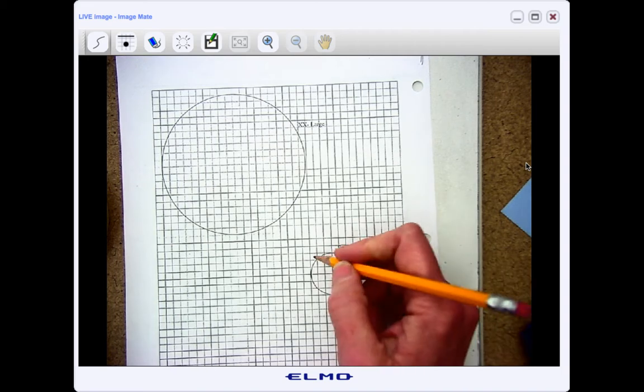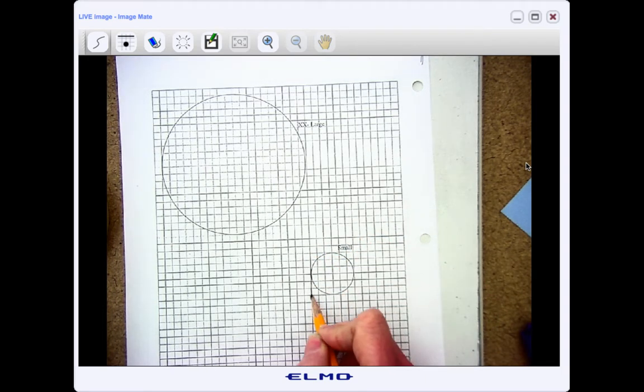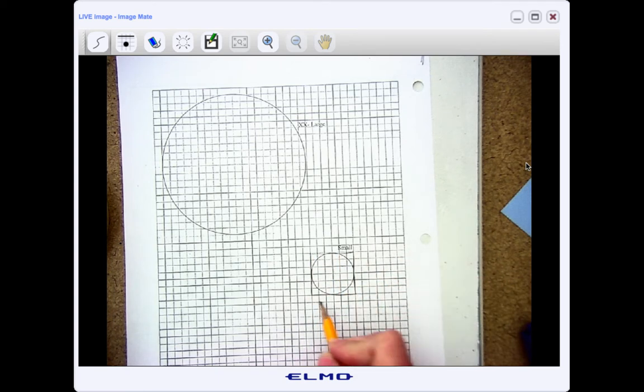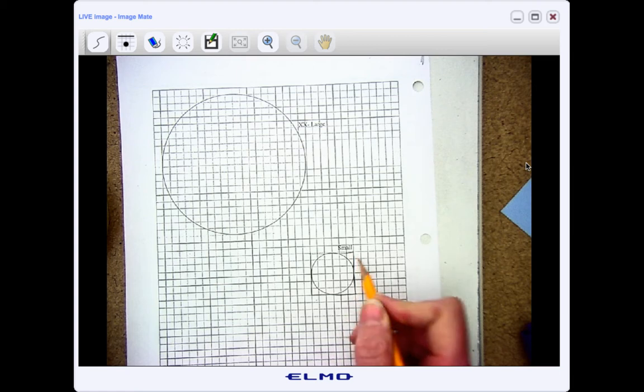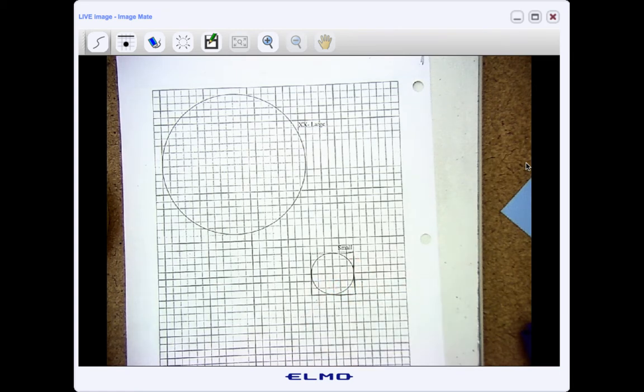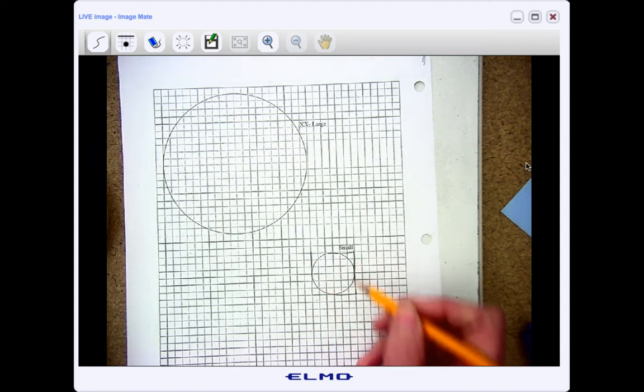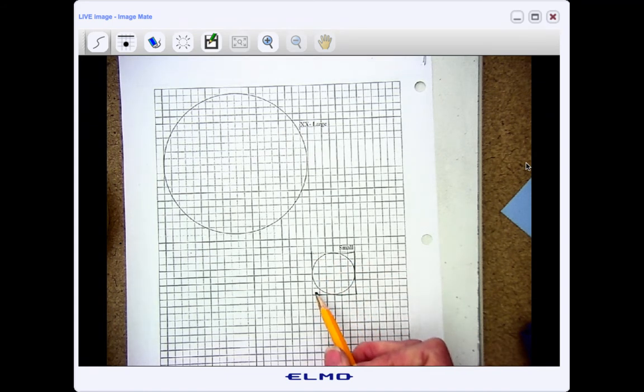You could have said, I know the area of this rectangle that goes around it. This is 1, 2, 3, 4, 5, 6 by 1, 2, 3, 4, 5, 6. It's got to be less than 36. So you could take 36 and cut off some of these parts. If I subtract 1, 2, 3, 4, 5, 6, 7, 8 off of my 36, I get about 28.